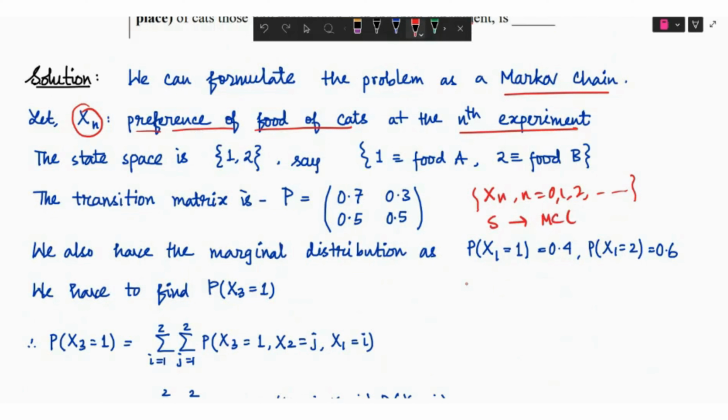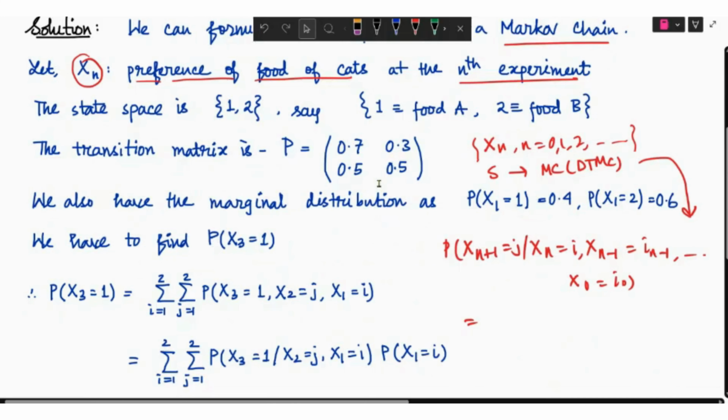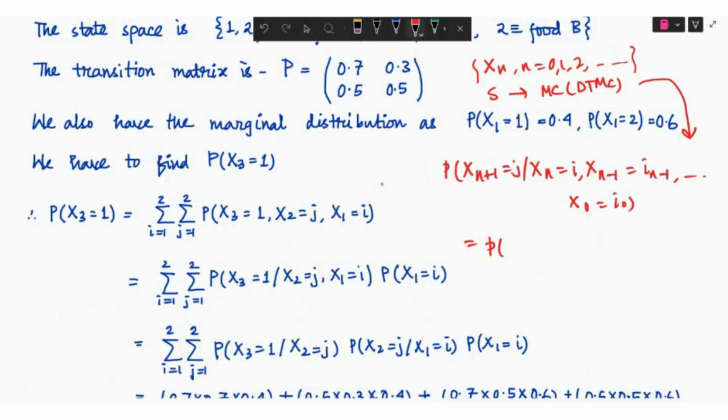We say DTMC if the following property holds: the probability of Xn+1 equal to j, given Xn equal to i, Xn-1 equal to i(n-1), and up to X0 equal to i0, reduces to the probability of Xn+1 equal to j, given Xn equal to i.